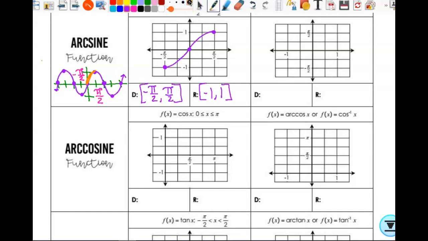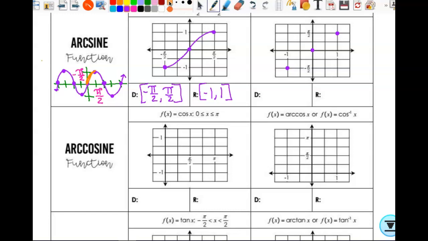So I'm at negative pi halves, negative 1. So I'm going to go to negative 1, negative pi halves. 0, 0 is still just 0, 0. Pi halves, 1 becomes 1, pi halves, like that. Those 3 points look like they're in the exact same place. It kind of looks like it would be the exact same graph, but it's not.